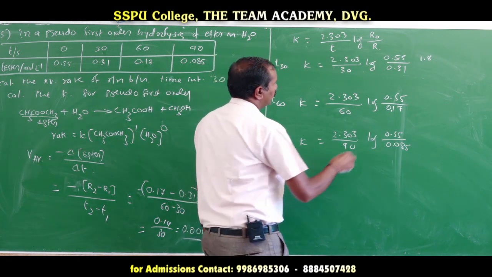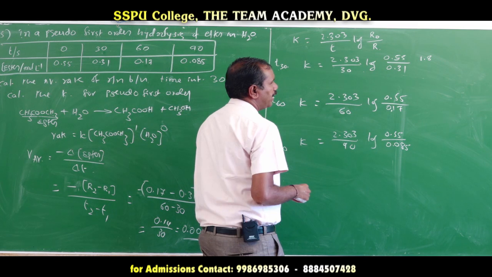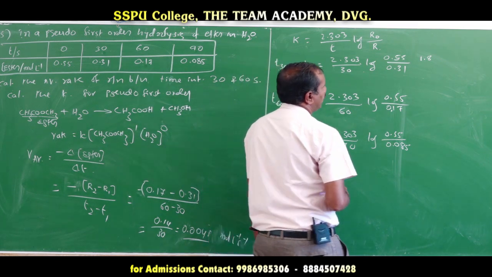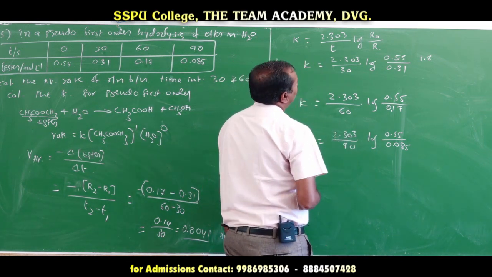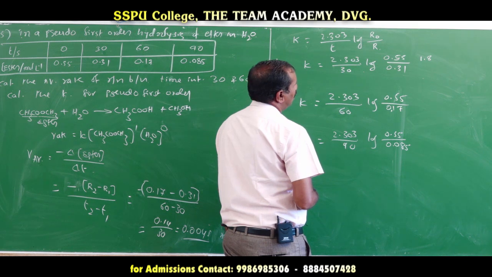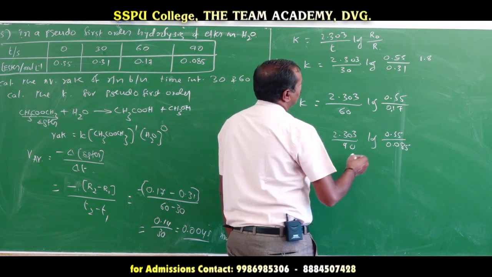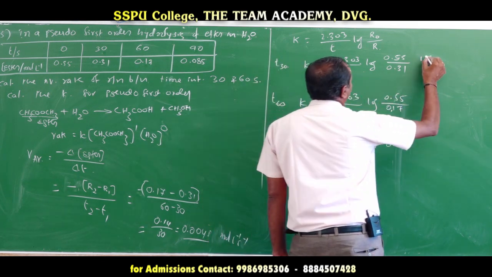Here also you see 0.55 divided by 0.17. Yes, we will calculate. This is 1.8.